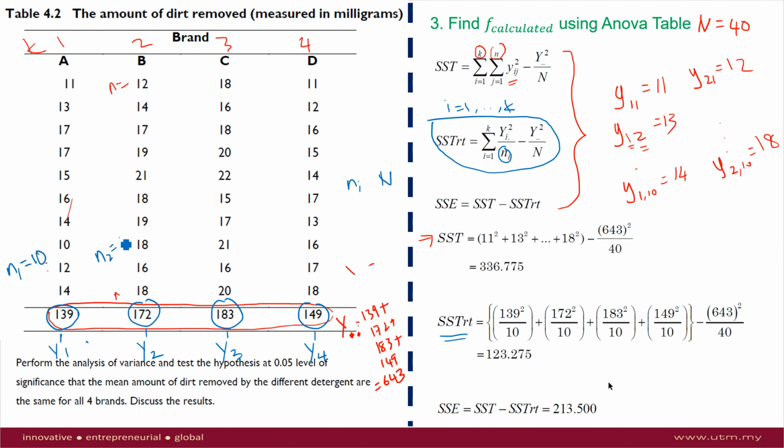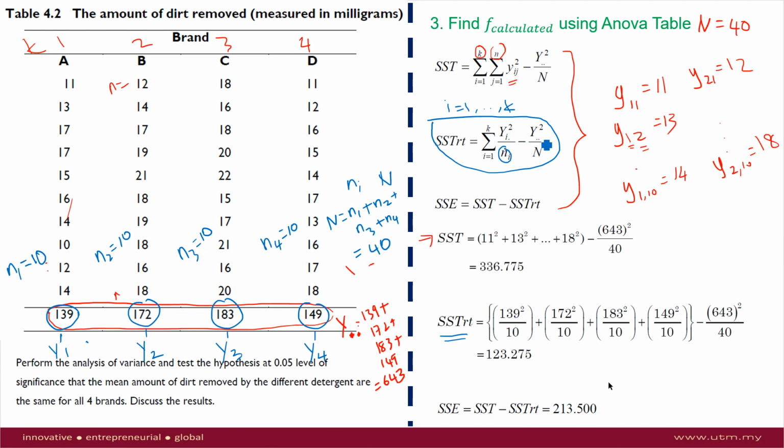Level 2 is also 10. Level 3 is also 10. And your level 4 is also 10. So your N would be n1 plus n2 plus n3 plus n4. So your big N would be 40. Okay, so that's the difference between small n and big N.